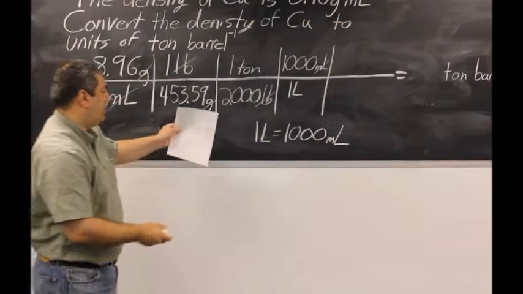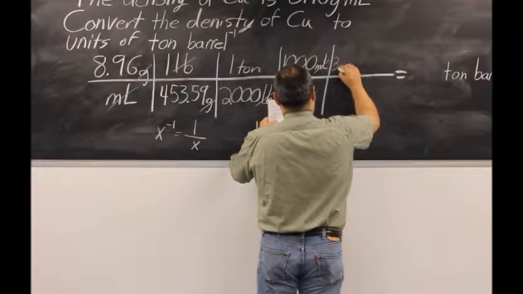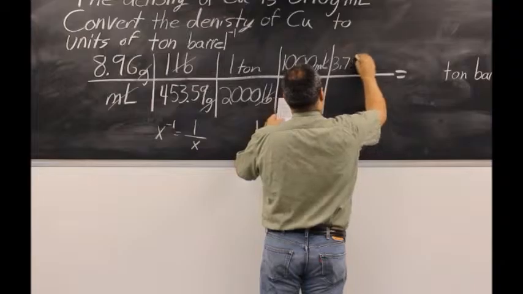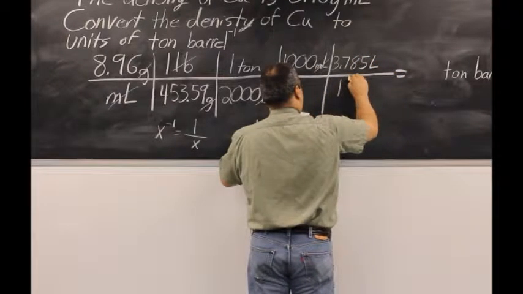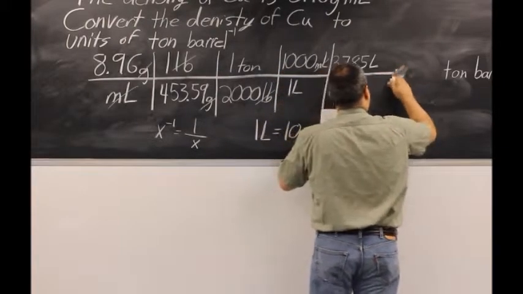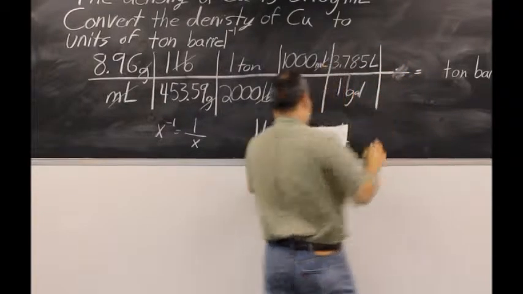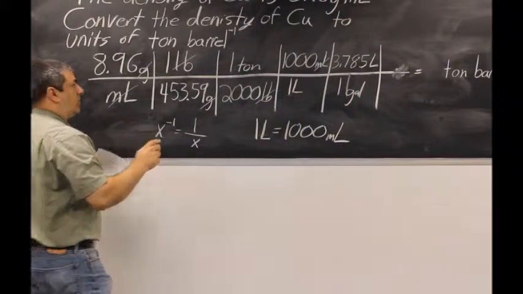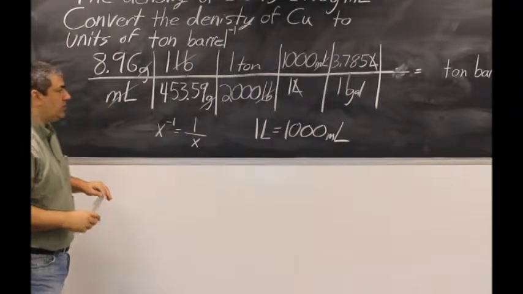Then you can use 3.7854 liters is 1 gallon. Let's have a little more space. Okay. So liters cancel. Now I'm left in units per gallon, tons per gallon.